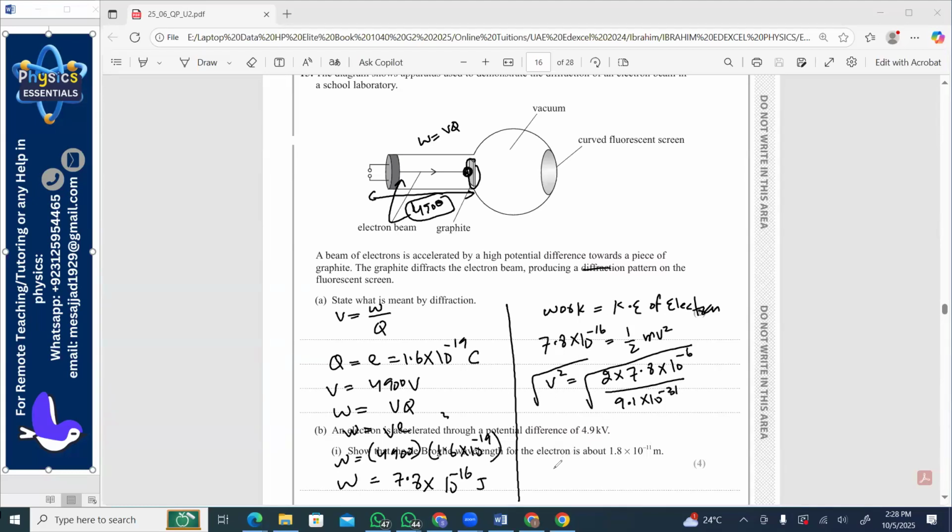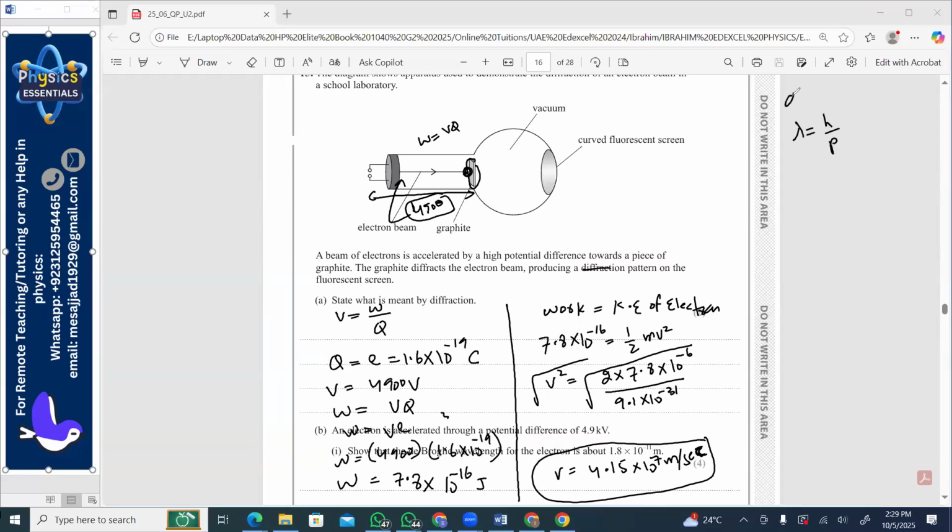And your v is 4.15 times 10 raised to the power 7 meters per second. Can you see? The speed is almost equivalent to the speed of light. It's very near, because the speed of light is 3 times 10 to the power 8.